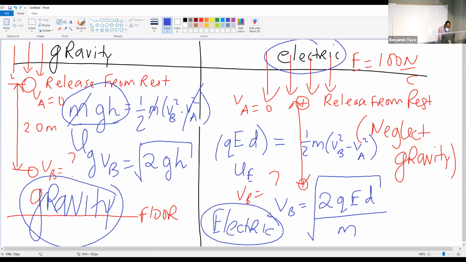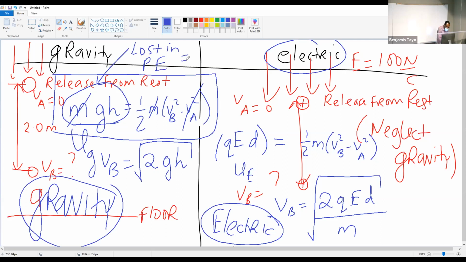When I write this equation here, I want you to understand it by saying that loss in potential energy is equal to gain in kinetic energy. Because when you release an object from some height, as the height is reducing, the potential energy is reducing as well. So the change in potential energy gets converted into kinetic energy.